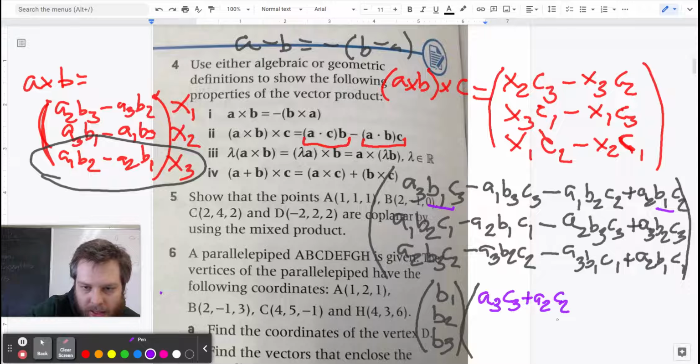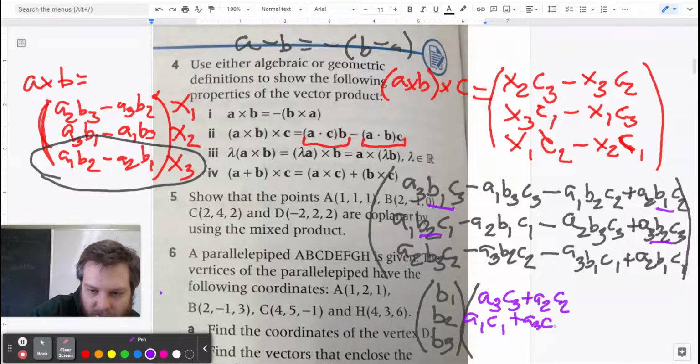And then on the second component, I see b2 there and b2 there. And so I get a1c1 plus a3c3. And then b3 on the bottom is attached here and should be here. I must have miswritten this.